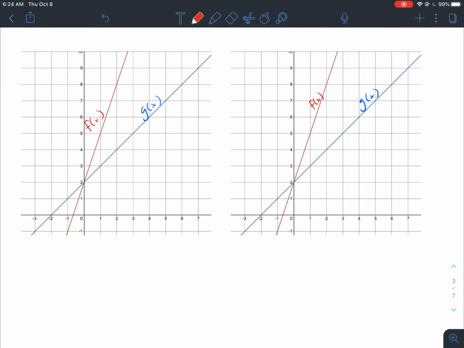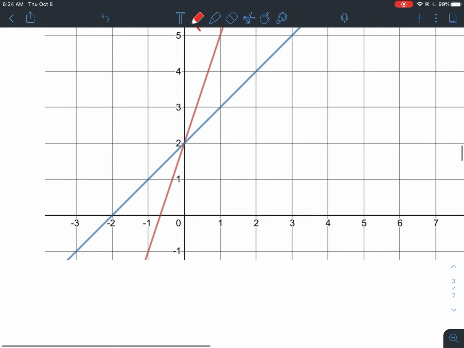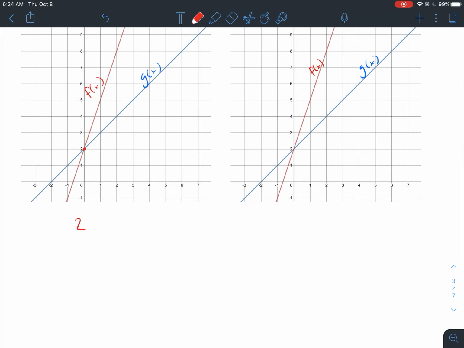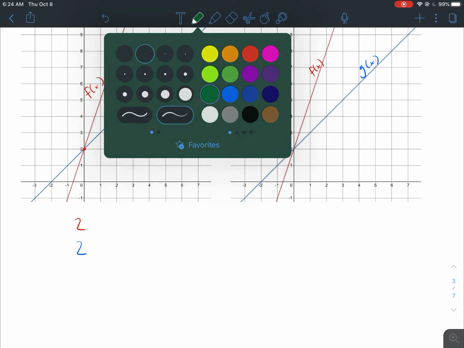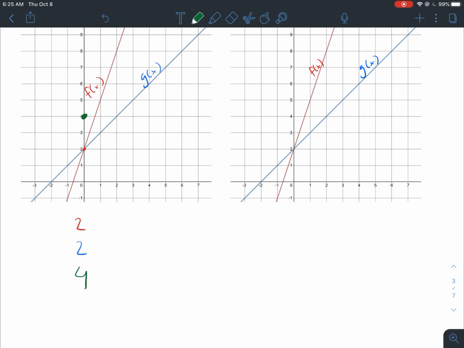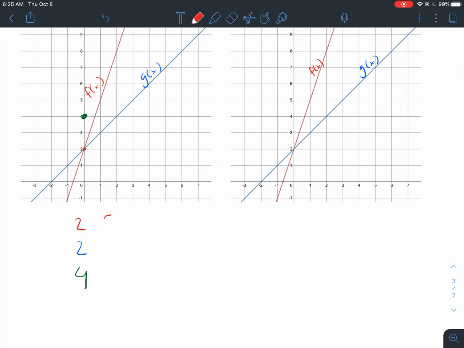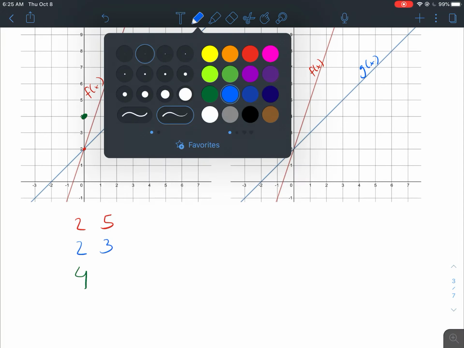Let's go ahead. Both of these graphs are at 2, so f of x is 2 and g of x is 2. We're going to add those up, and we'll do it in green. We get 4, so that would be our new point there. Then for 1, we've got 5 and 3, so our new point is going to be 8.